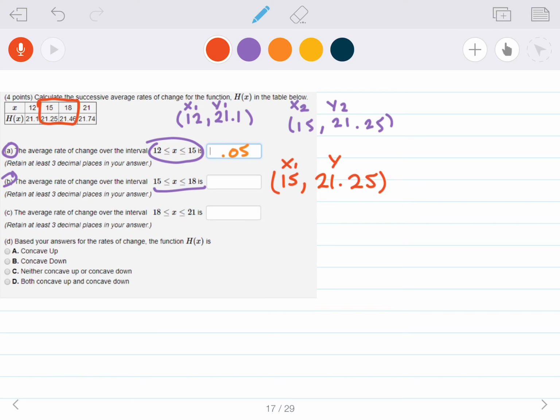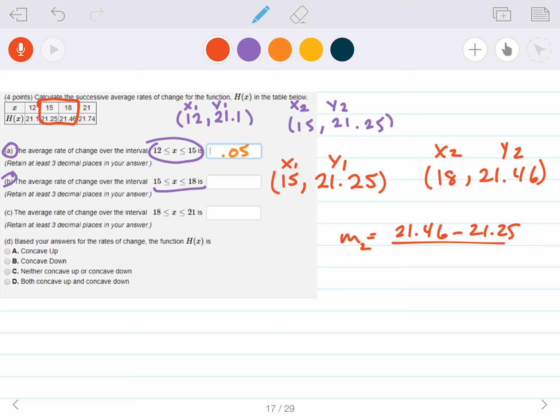And the second one has an x value of 18 and a y value of 21.46. This is our x2, y2. And using our formula for the slope, we get 21.46 minus 21.25, y2 minus y1 over x2 minus x1, and that's going to give us a grand total of 0.07.